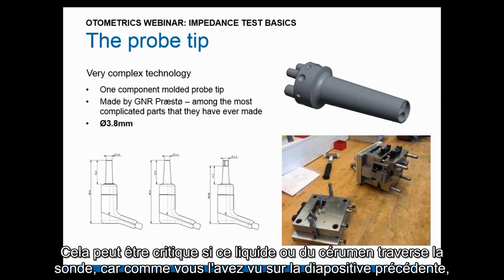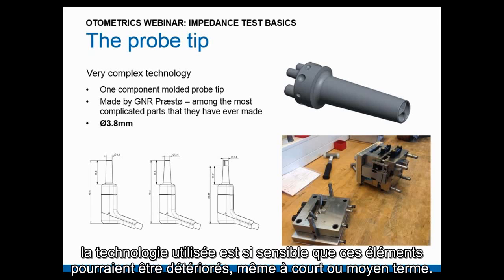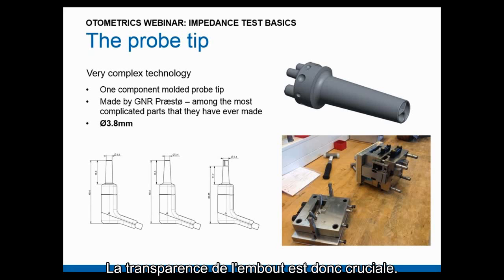This liquid or earwax going through the probe is very sensitive, because based on the slide you have seen before, the technology is so sensitive that these elements will destroy it, even on a short or mid-term timeline. So transparency is quite important.